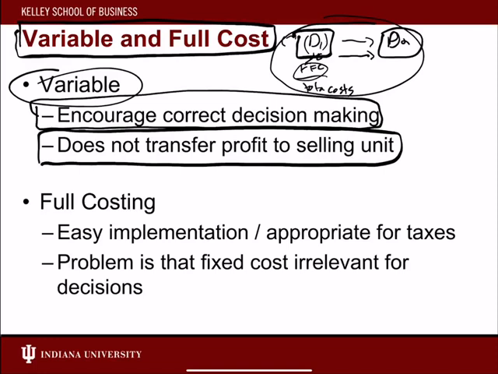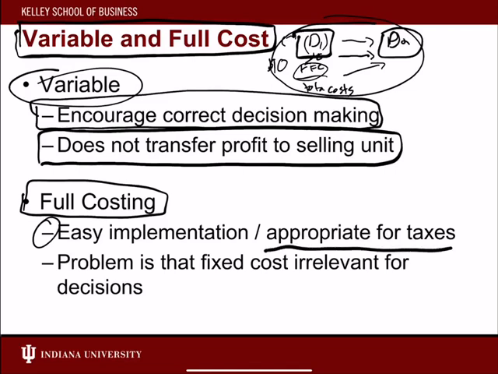The last one is full cost, and this is really easy. Division 1 is going to make zero profit, zero loss. They're just going to charge all their costs to Division 2. So it's easy, and it's what you should use for tax purposes.